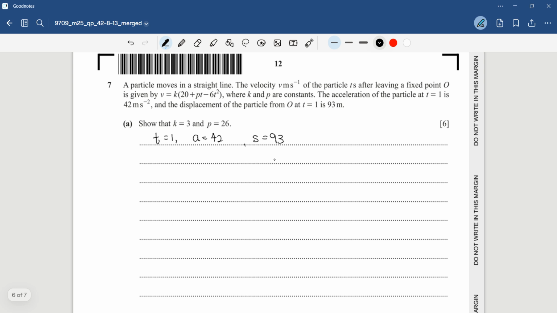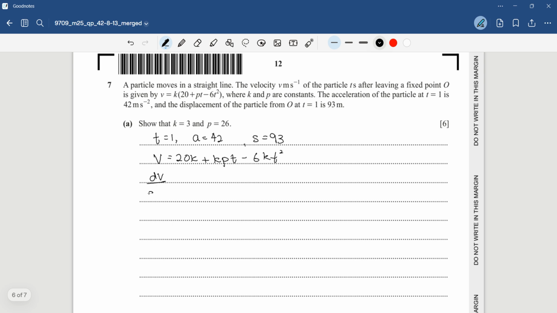Maybe we can utilize this by differentiating first, because they said a equals 42. So when I differentiate, dv over dt will be, with v equal to 20k plus kpt minus 6kt squared, which is easy for me when I differentiate.